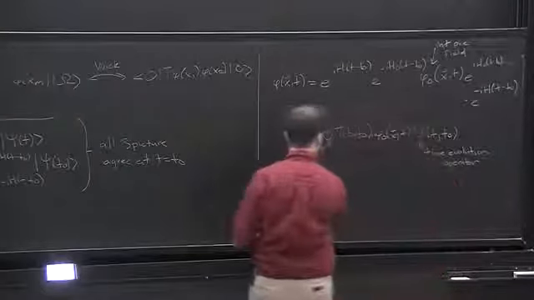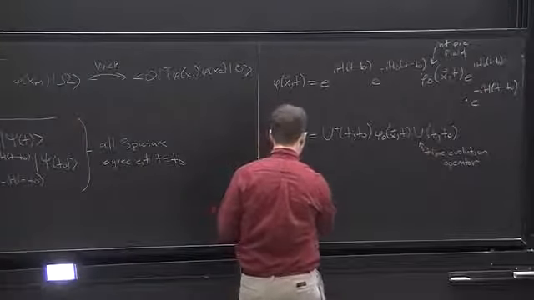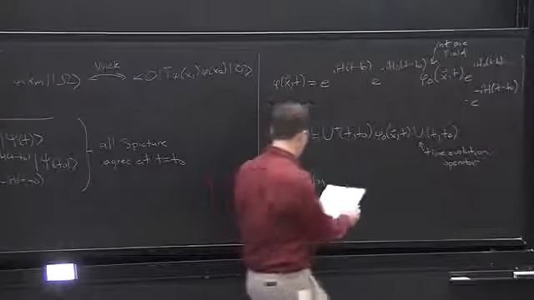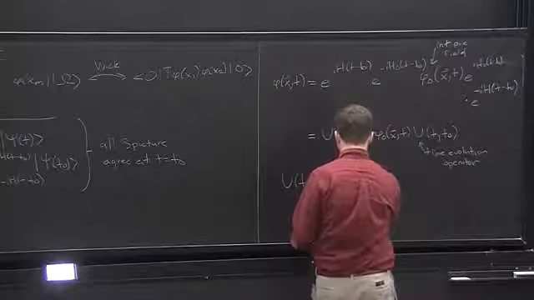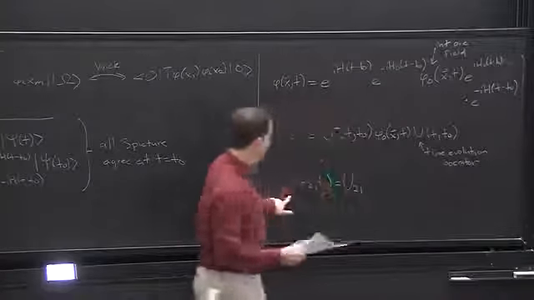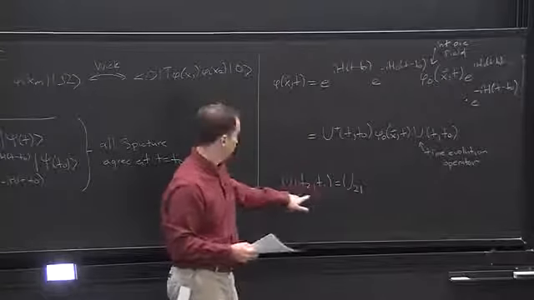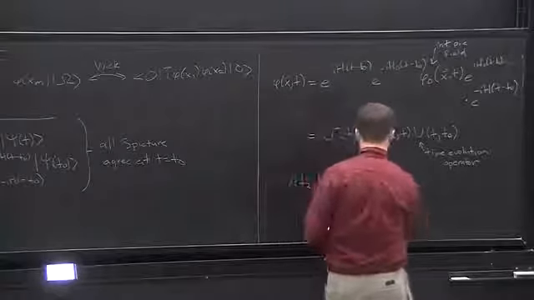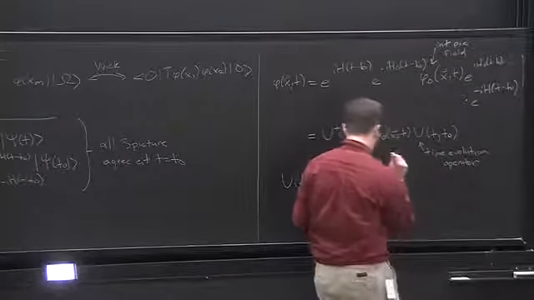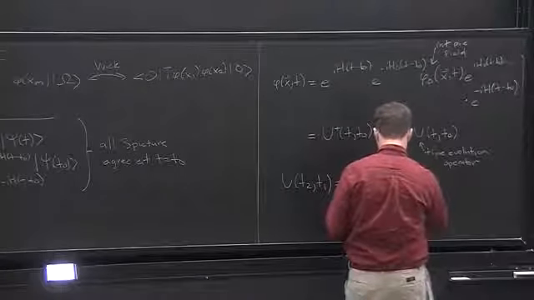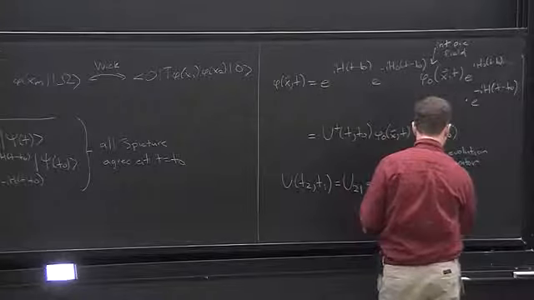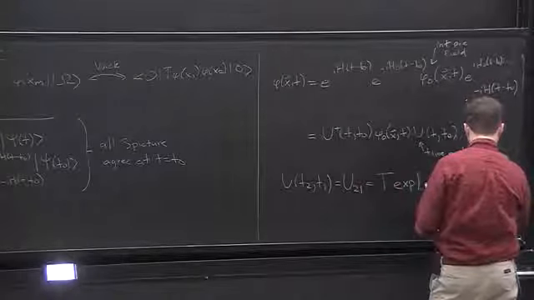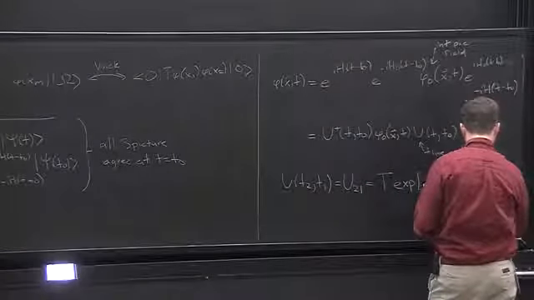The formula for the time evolution operator is what you wrote in your homework and what you saw in the quantum theory course. I'm going to introduce some shorthand notation: instead of writing U of time evolution from t1 to t2 all the time, I'm just going to write subscript 1 and 2. This is given by the time ordered exponential of minus i times the integral from t1 to t2 dt prime times the interaction picture interaction Hamiltonian.